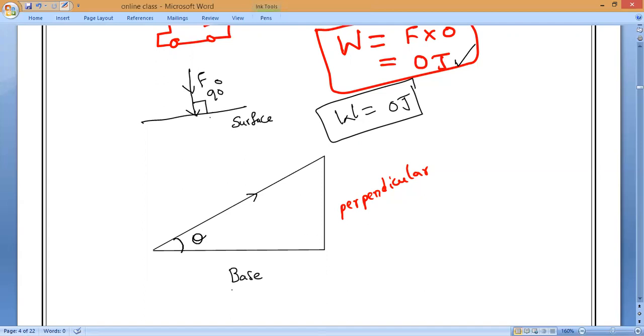Like a triangle, there is the base, the perpendicular part, and this part we call the hypotenuse.